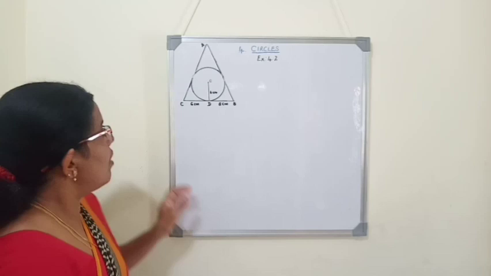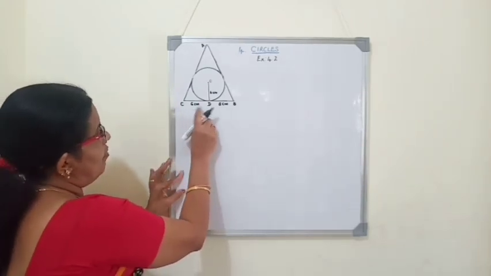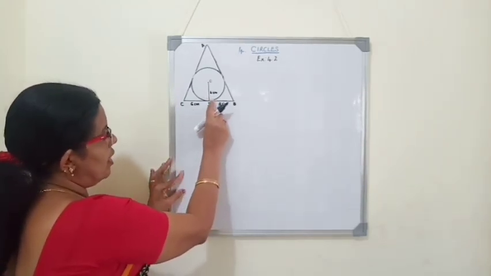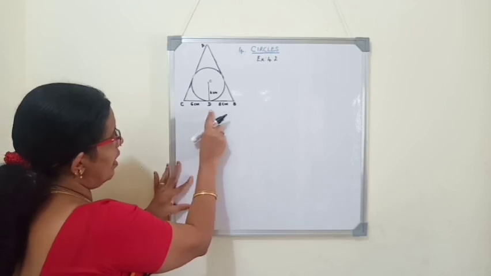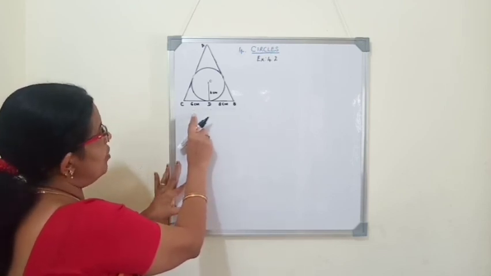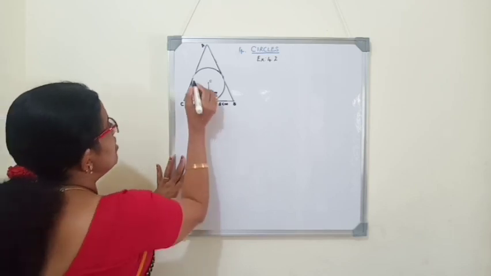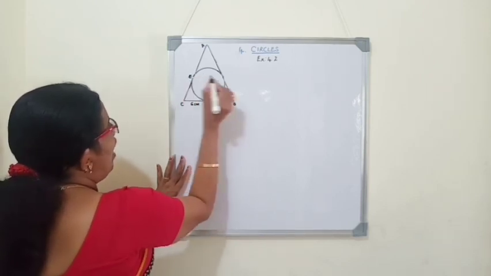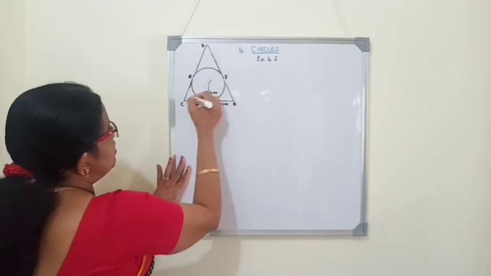So here, given, we will write radius of the circle 4 cm, CD 6 cm and DB 8 cm. Construction: mark 2 points E and F on AC and AB.